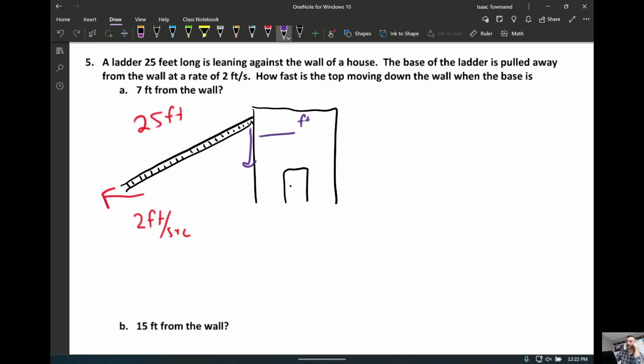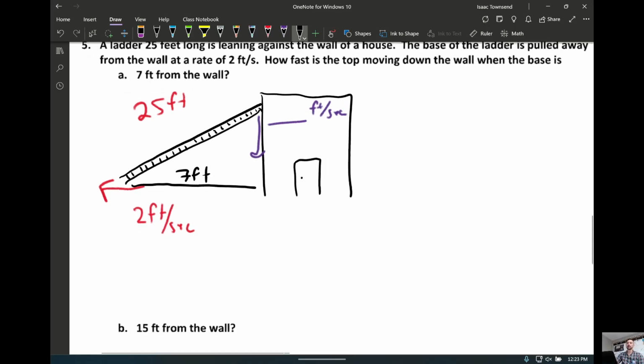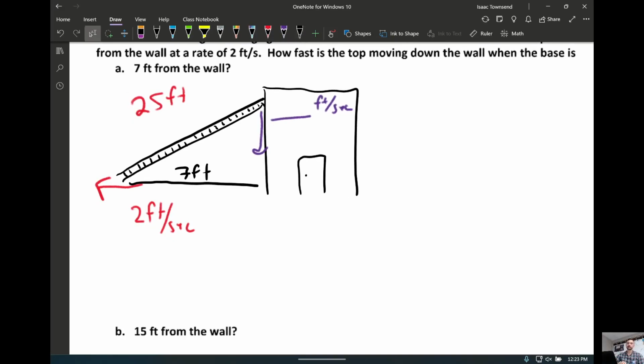So how many feet per second is the top of the ladder moving down the house? Specifically at the time when the base is 7 feet away from the wall. Your picture looks something like that.